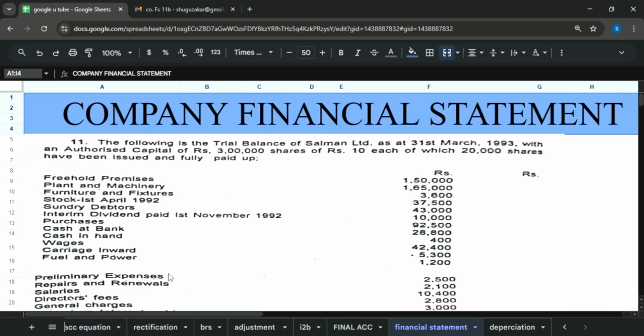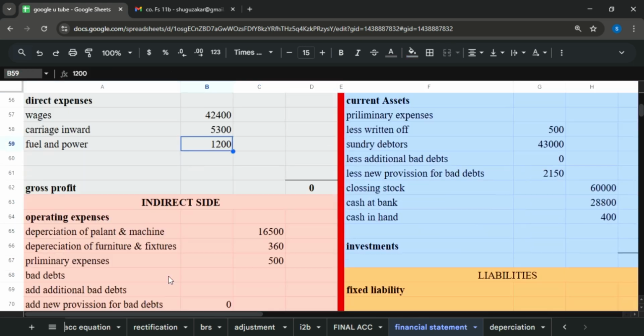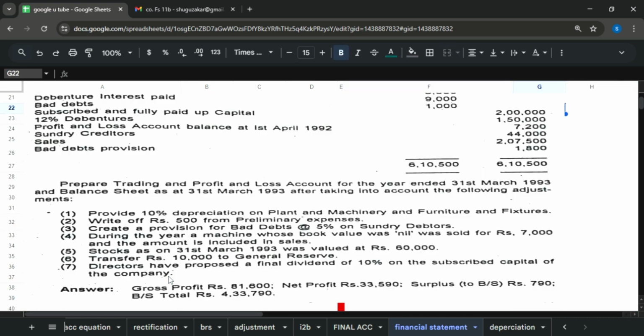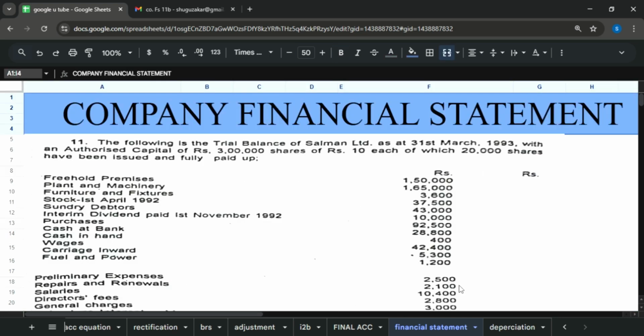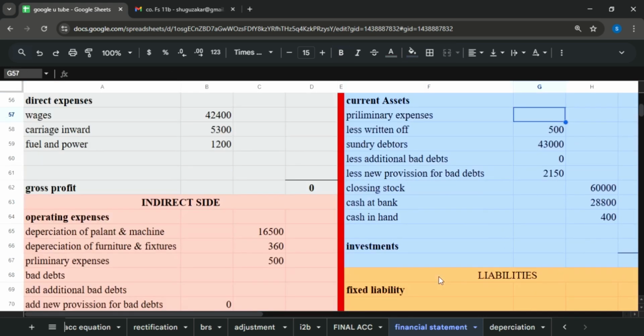After fuel we have preliminary expenses. Look here, preliminary expenses are basically assets. Here we have already mentioned it over here. The place is fixed for preliminary expenses, the amount of which is 2,500. So mention it on the current asset side.